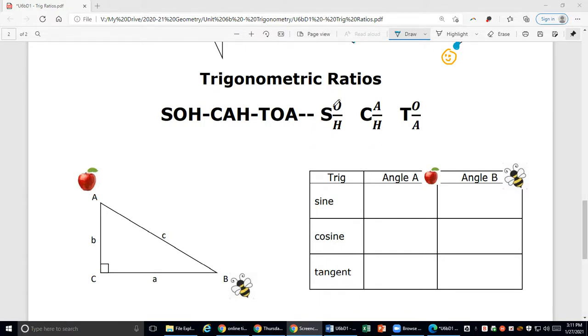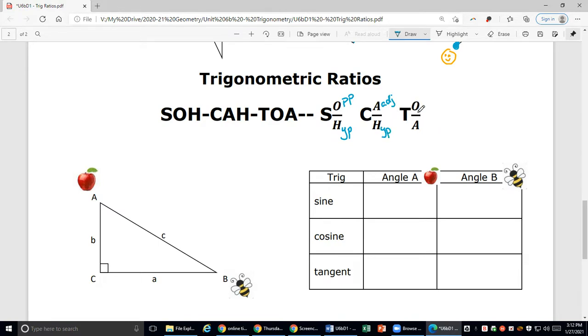SOHCAHTOA is an acronym that tells you how to set up trigonometric ratios of sine, cosine, and tangent. When you see SOH, that's going to tell you that the sine of an angle is the ratio of the opposite side to the hypotenuse. CAH is a reminder that the cosine is the ratio of the adjacent side to the hypotenuse.